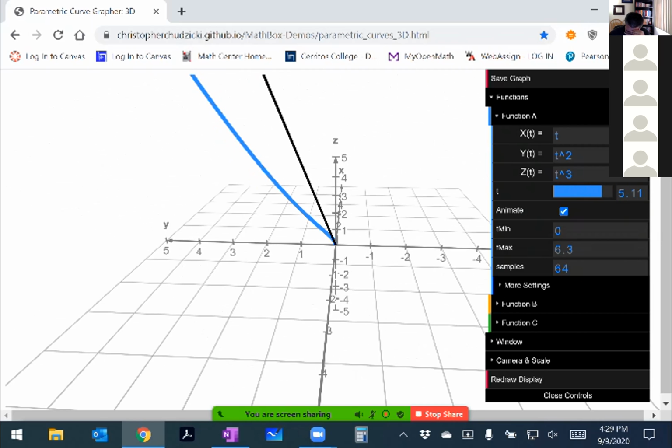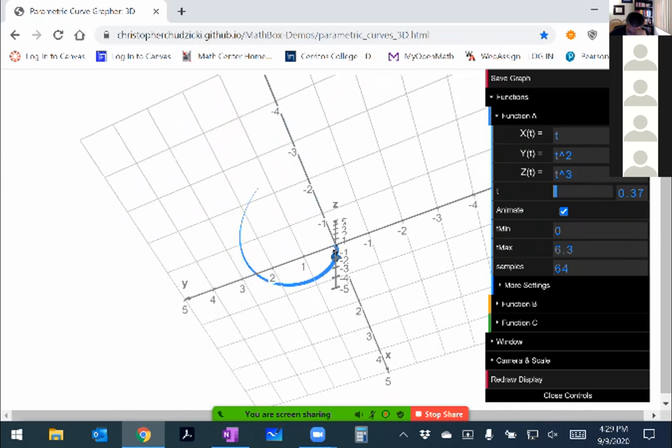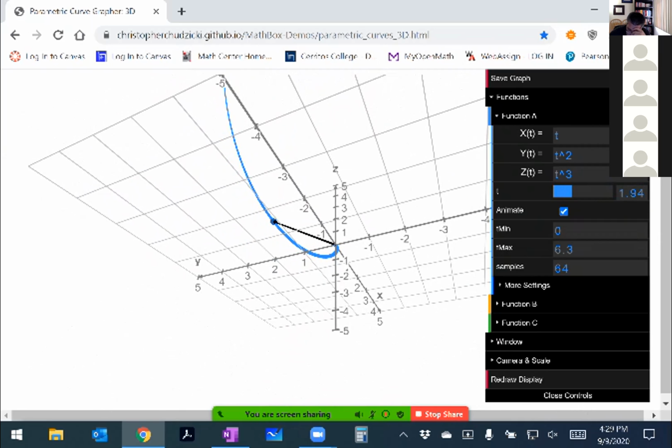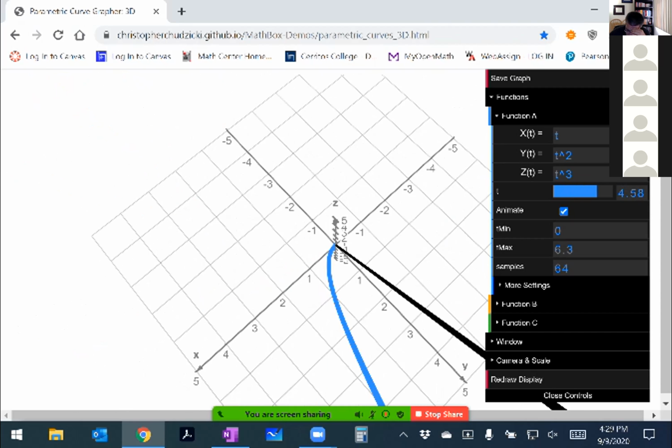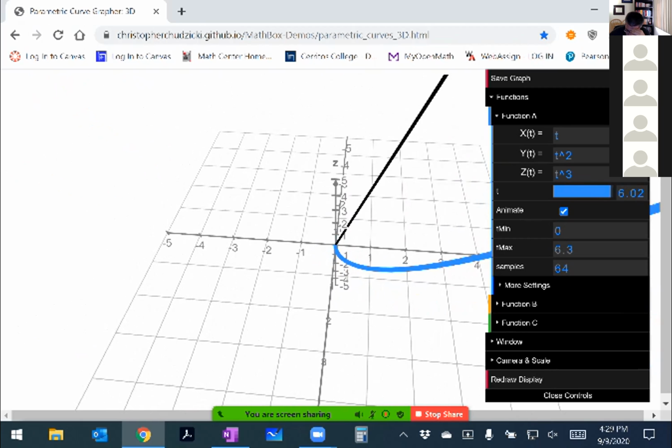But it starts getting really high really fast, which makes sense because the z component is cubed. It starts out real small, but then it starts gaining height and depth really fast. The x coordinate stays relatively small.